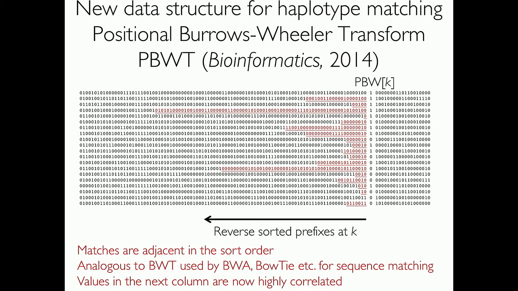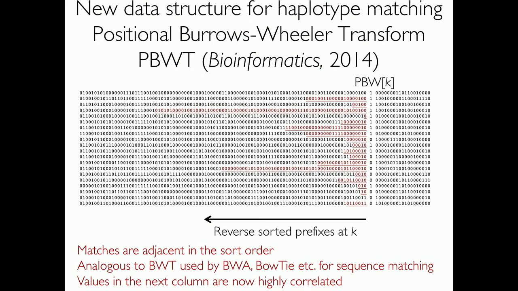This says 0, 0, 1, lots of zeros, 1, and the red things are what each one shares with the one above. So if you just look at how this left-hand sorted prefix predicts the next value, that column of the next value I call the PBWT, the positional Burrows-Wheeler transform at that site. And that's the same essential data structure, and we'll come back to this, as the Burrows-Wheeler transform.